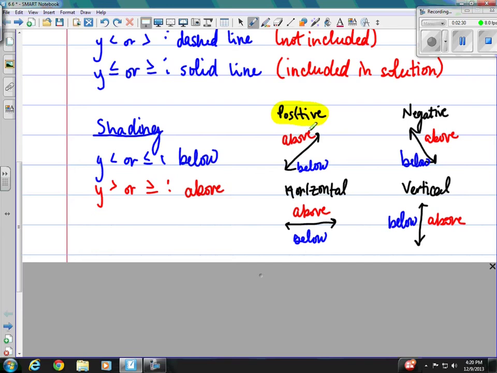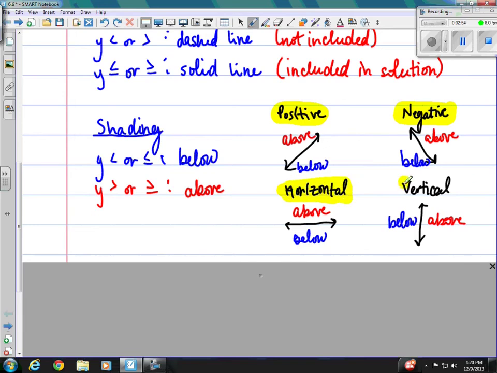Above it is on this side, and below it is underneath it. For negative, so when your slope is negative, above is over here on the right side now, and below is on the bottom left. For a horizontal line, that's a little bit more straightforward, below and above.